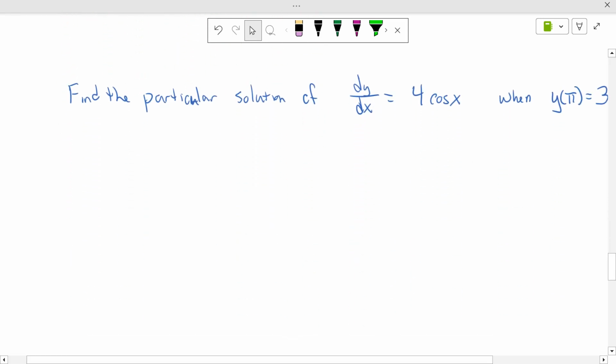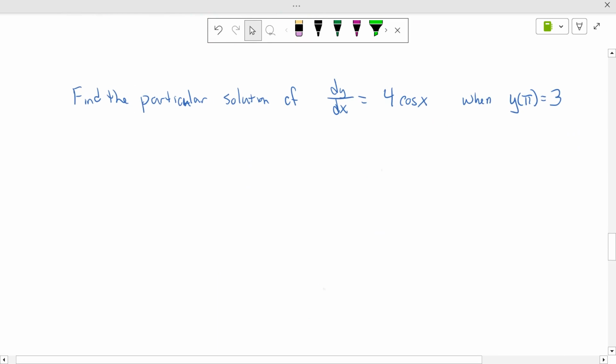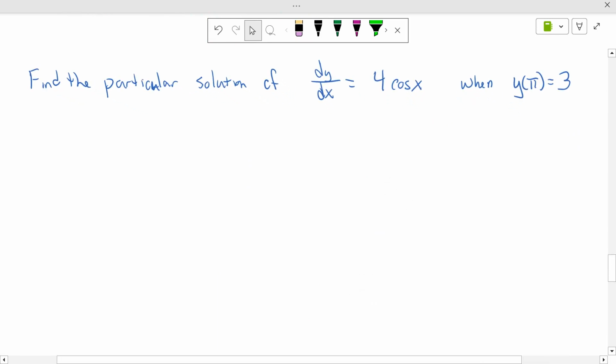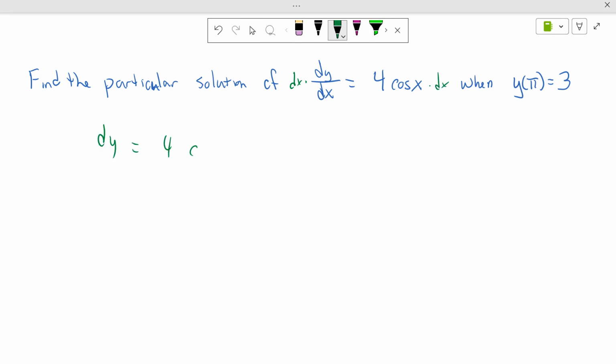Know your trig formulas. And yes, you can use your note cards. All right. Particular solution of this guy. First step: move the dx. So dy equals 4 cosine of x dx. Integrate. Integral of dy is y. What's the integral of 4 cosine x dx?